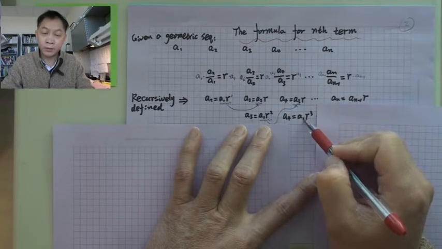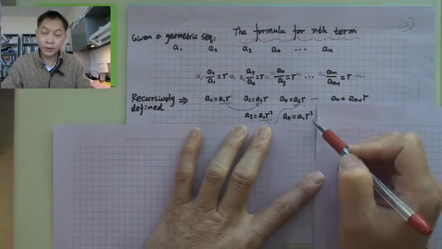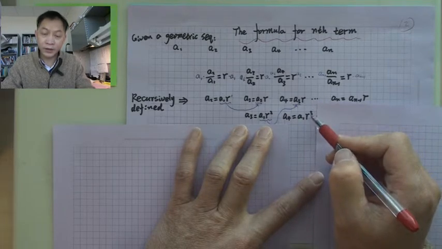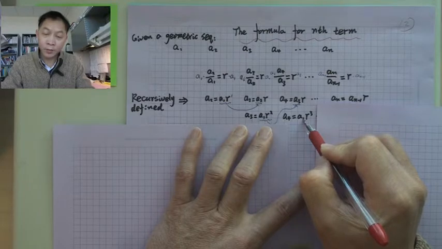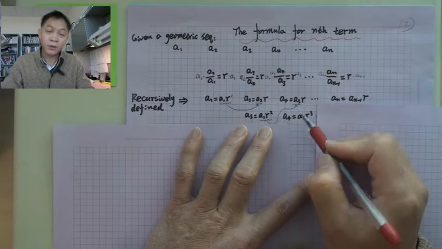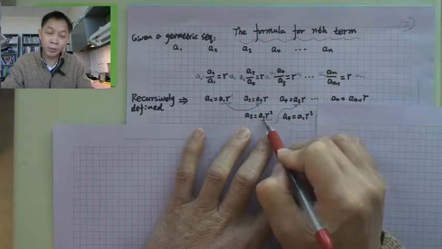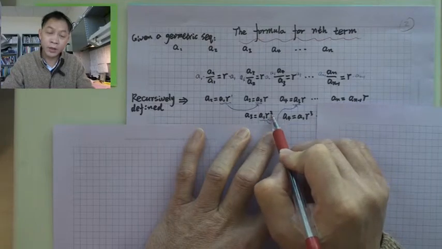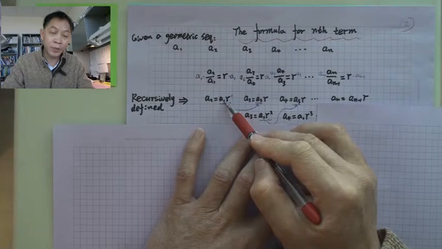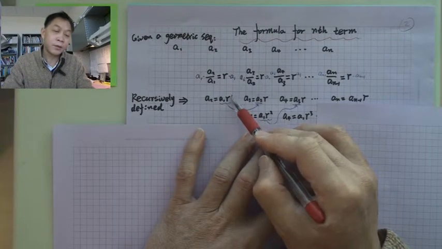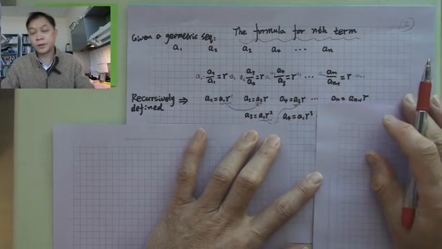You can see a pattern: the subindex 1 plus the exponent 3 is 4. And the subindex 1 plus the exponent 1 is A2.